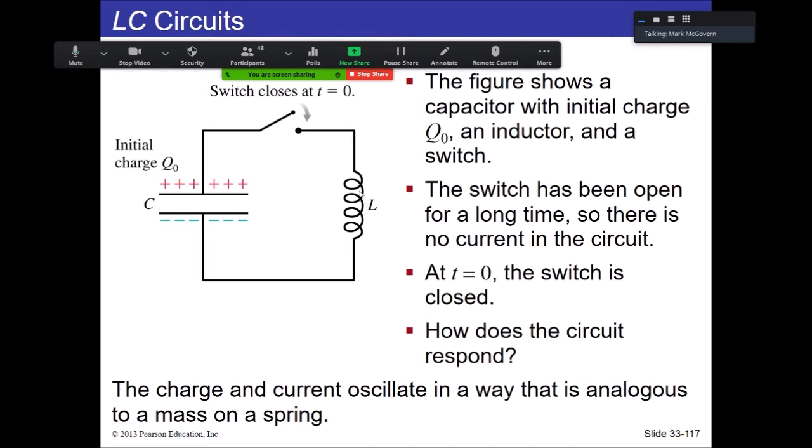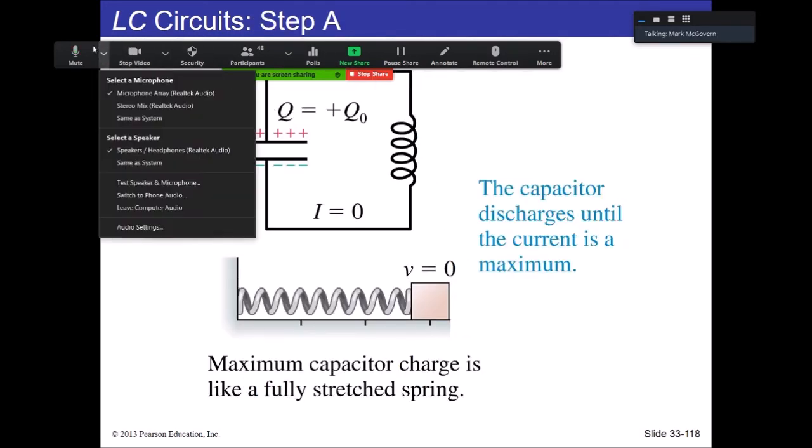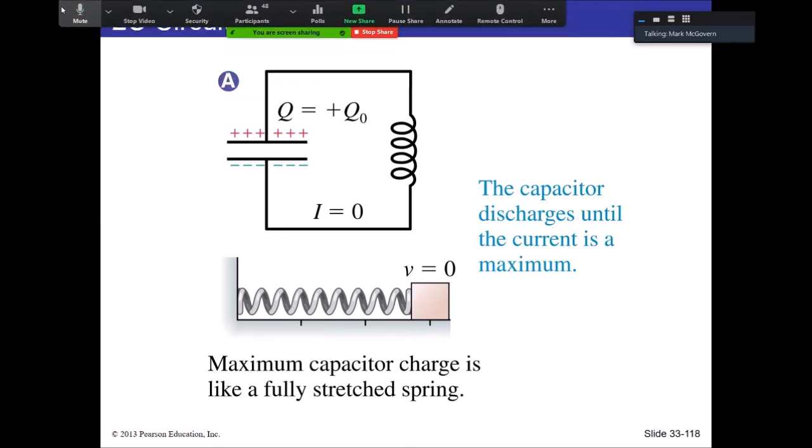They're both going to be potential drops, though. Well, it's loop law, right? So one's opposite the other one. But the idea is that the absolute value of this drops because the charge drops, but then this starts to grow because now the current is increasing through it. We're going to look at this in steps here, and I'll explain the analogy at the bottom, because this is analogous to an oscillating system.